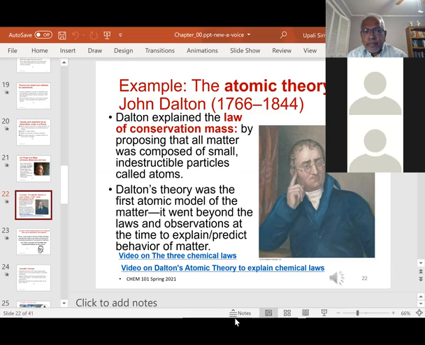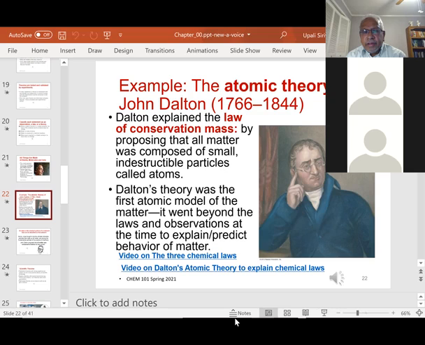composition. And when 2 elements combine to form 2 different compounds, like carbon monoxide and carbon dioxide from carbon and oxygen, the ratio of the masses of the second element, oxygen, is a simple whole number ratio, 1 to 2.